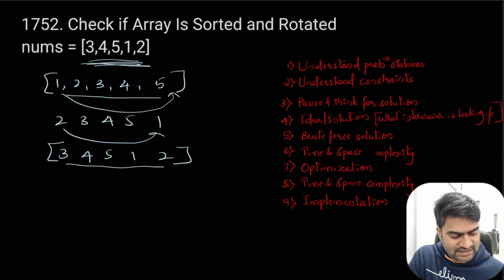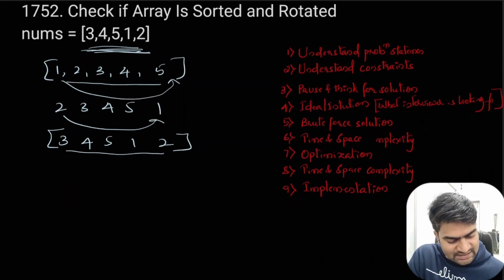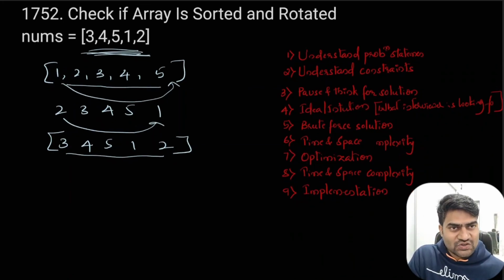Hope that is clear. And constraints, we already saw there can be some duplicates in the array, and there can be more than one element, so that only then we will be able to sort and rotate the array. Okay, so with that understanding, now you can pause for a second and think for any possible solution.